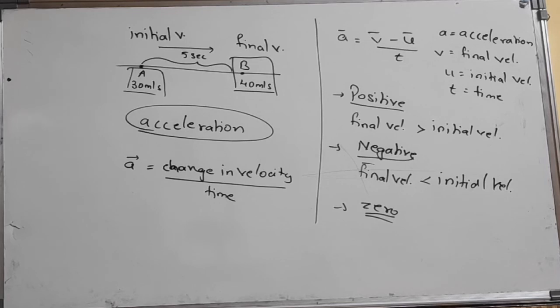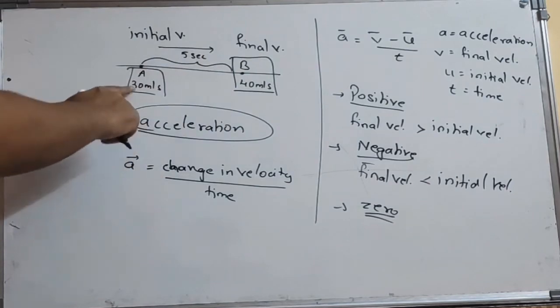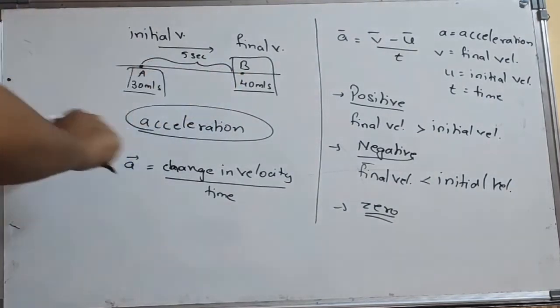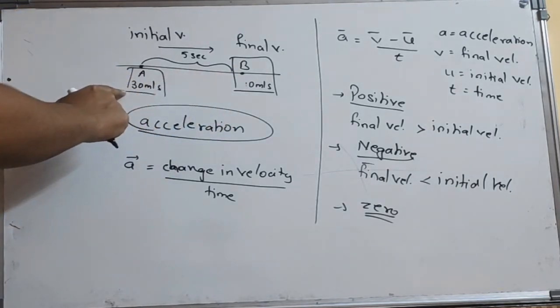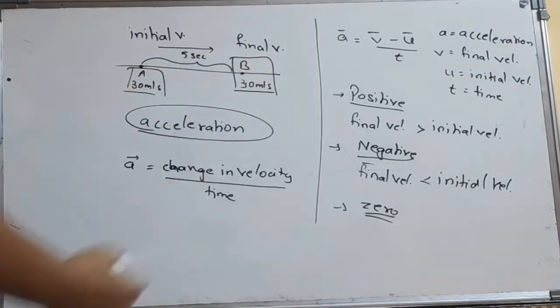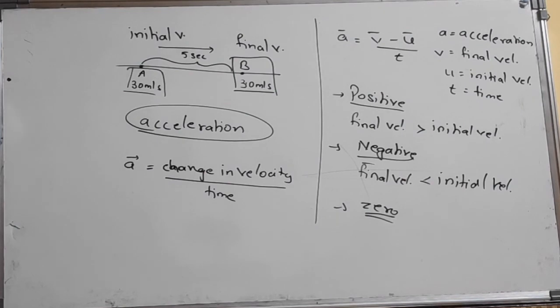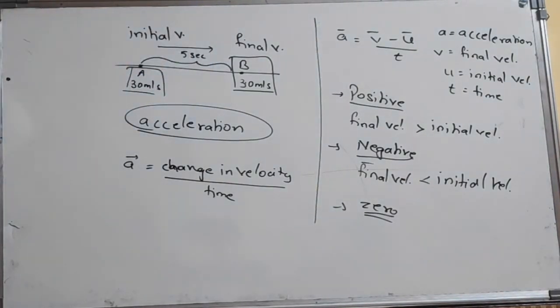For example, consider this example: if from point A to point B the vehicle has moved, and at point A the velocity is 30 meters per second, and at point B it is again 30 meters per second. See, it is moving at some speed, but has the velocity increased or decreased? No, it hasn't increased nor has it decreased. So there is no acceleration over here, or there is zero acceleration.